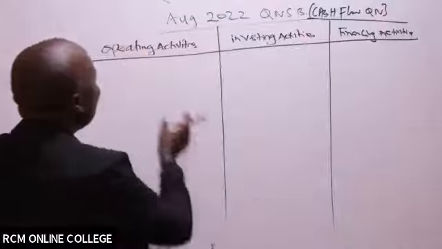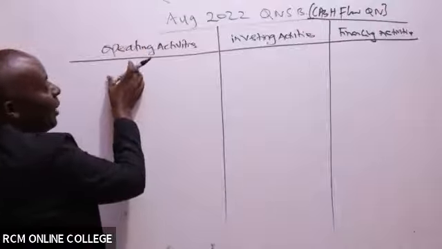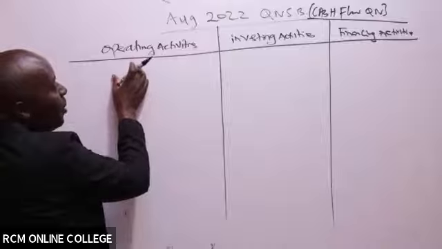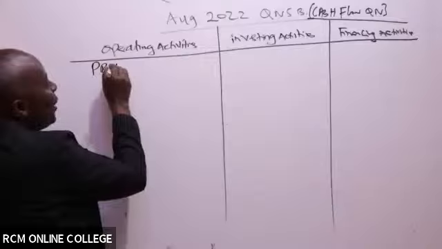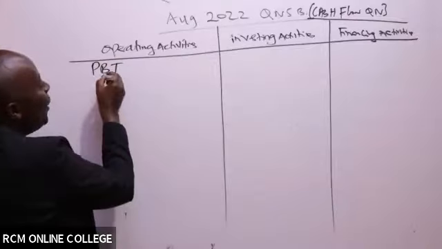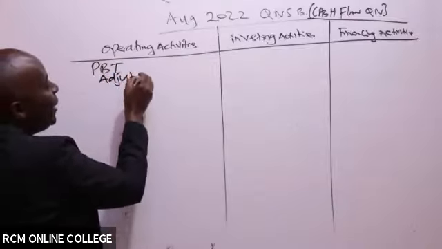Then after I do this, I know that with the indirect method, in operating activities I will always start with the profit before tax. And then I do adjustments, so we say adjusted for.